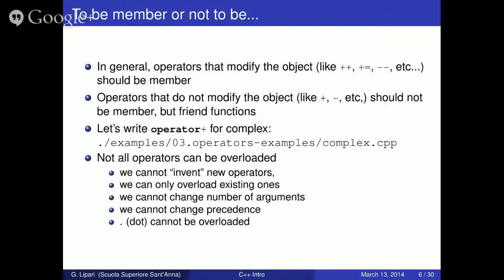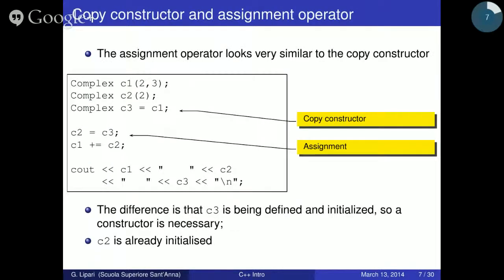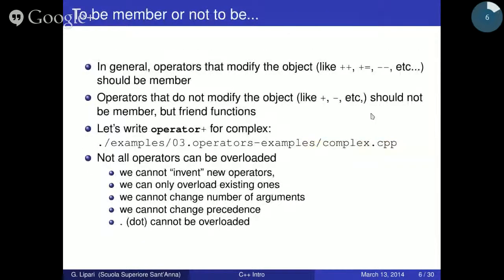You can overload the star, which is dereference something, or multiplication, depending on how you use it. So there are many things you can overload, and actually you can change the meaning of a lot of different things. Okay, so let's try to analyze how to write a simple operator, for example, plus.